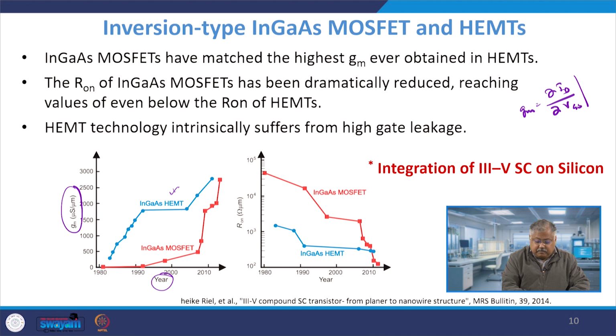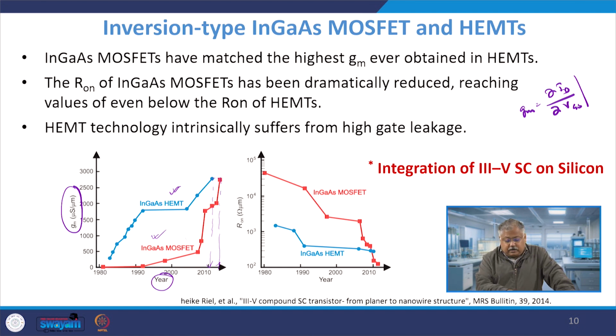If you compare an indium gallium arsenide HEMT with an indium gallium arsenide MOSFET, the transconductance is almost equal, but it was achieved much earlier compared to the MOSFET, right? And therefore, indium gallium arsenide HEMTs have a much larger rate of change of current, and it is relatively high.